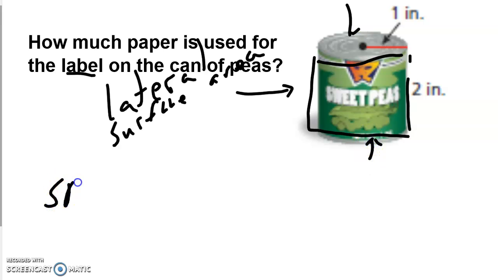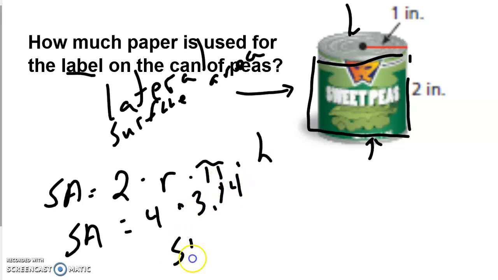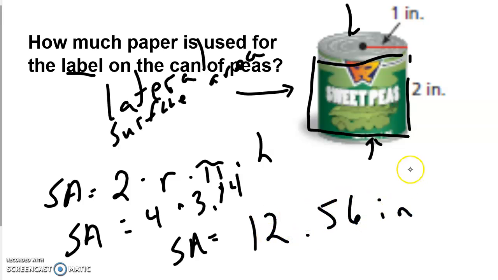I'm only going to use that second part, and I'm going to do 2 times the radius times pi times the height. So we're talking about 2 times 1, which is 2, times 2, which is 4. So basically we're just doing 4 times 3.14. So the lateral surface area of that one is 12.56 inches squared.